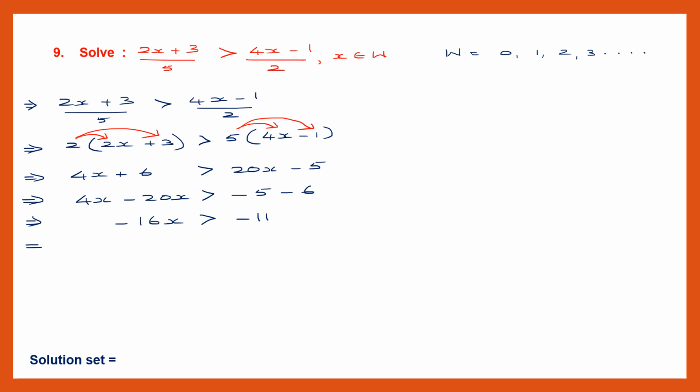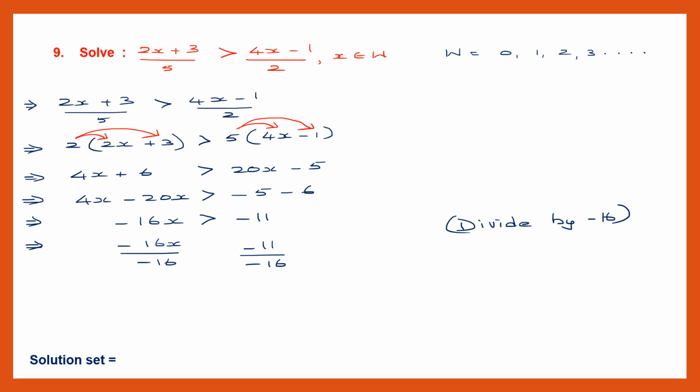Now here to remove this minus 16 from this x, I need to divide this by minus 16. So both sides I have to divide by minus 16. So it becomes minus 16x divided by minus 16, here also minus 11 divided by minus 16.